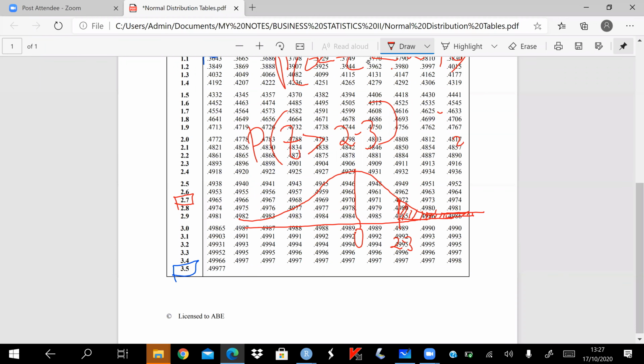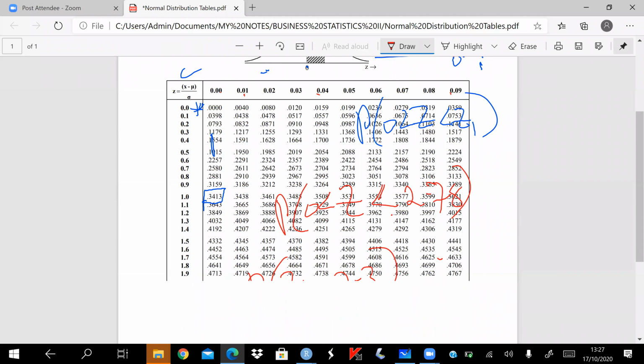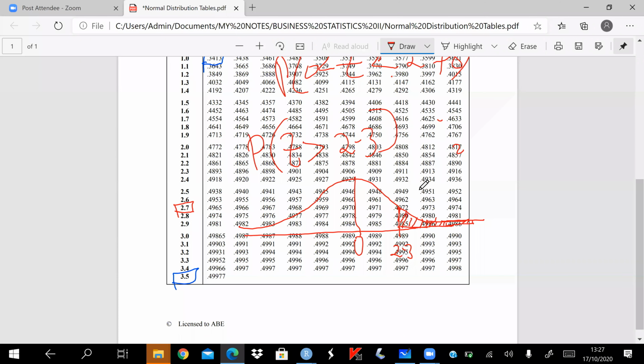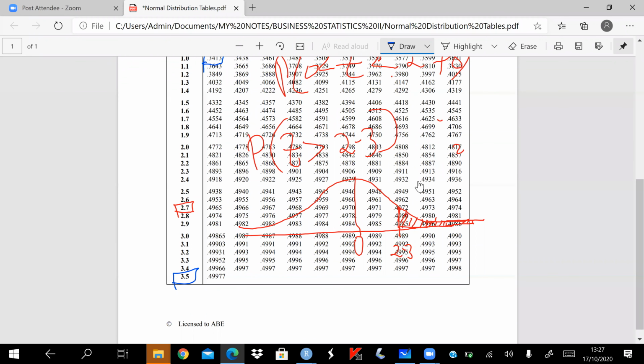So there are tables that can give you this kind of probability. But it's always advisable that you just use one type of table so that you don't have like 3 different tables. So if you're using this kind of tables, you will read from your tables this area from here up to that.